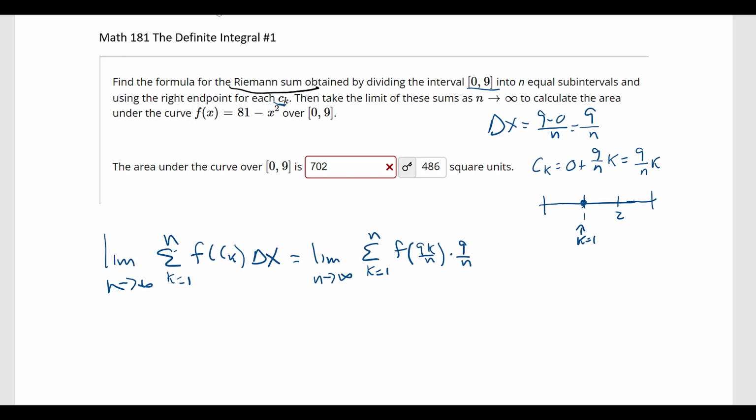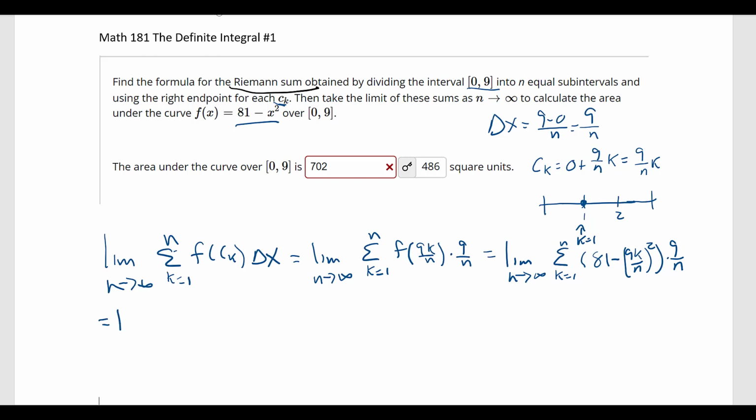So if we put some numbers in here, we have the limit as n goes to infinity of the sum as k goes from 1 to n of our function, which is 81 minus x squared. So it's going to be 81 minus, instead of x squared, we have 9k over n, and that expression is going to get squared, times our delta x, which is 9 over n.